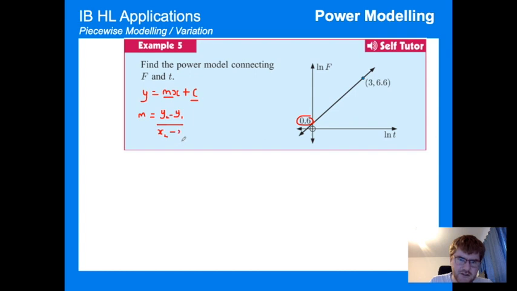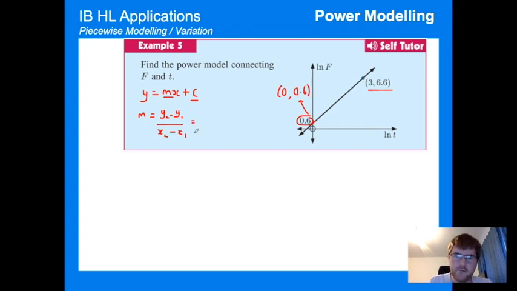The two coordinates we're going to take are this one for our x2 and y2, and the y-intercept, which is a coordinate with x as 0 and y as 0.6.